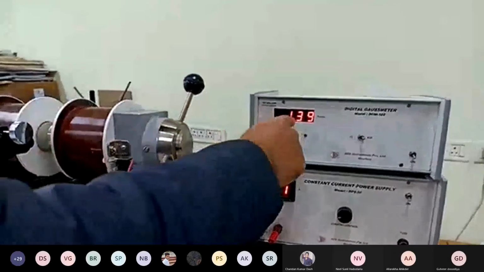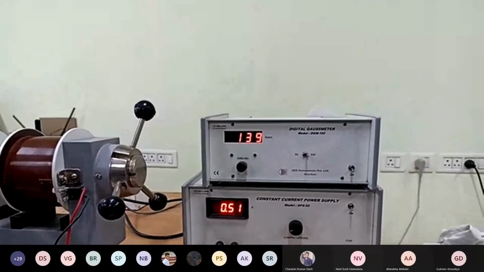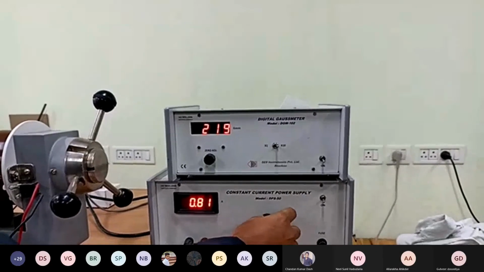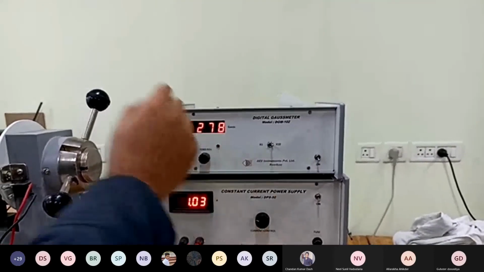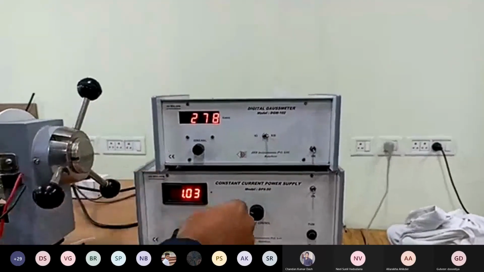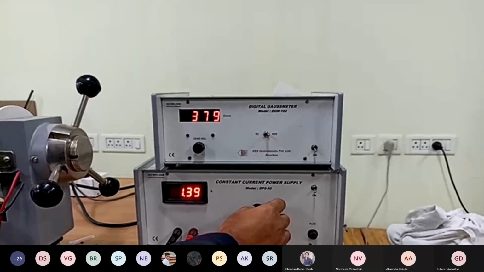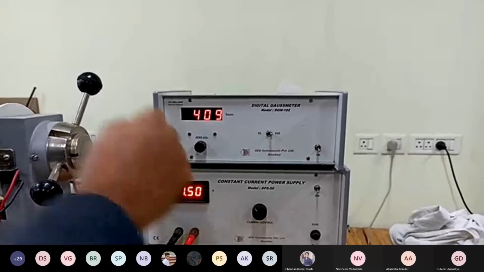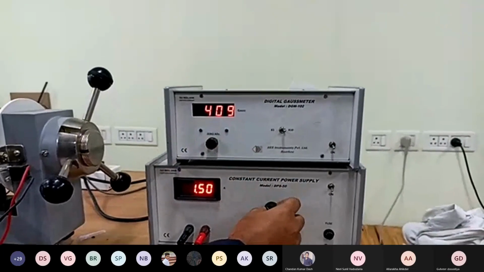At 0.5 ampere, the value is 139 multiplied by 10, so 1390 Gauss. We'll note down that value. At 1 ampere, the value is 278 multiplied by 10, that is 2780. Now at 1.5 ampere, the value is 4090 Gauss.